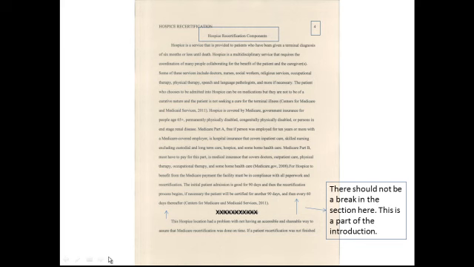Then the next section should flow from your introduction, and that's your purpose, rationale, and history of the problem section. In this section, it's just as it states. You need to say what the purpose and rationale of the project is, as stated from your nurse manager. So whatever she or he has asked you to do, and the reason why, that's what you need to state in this section.